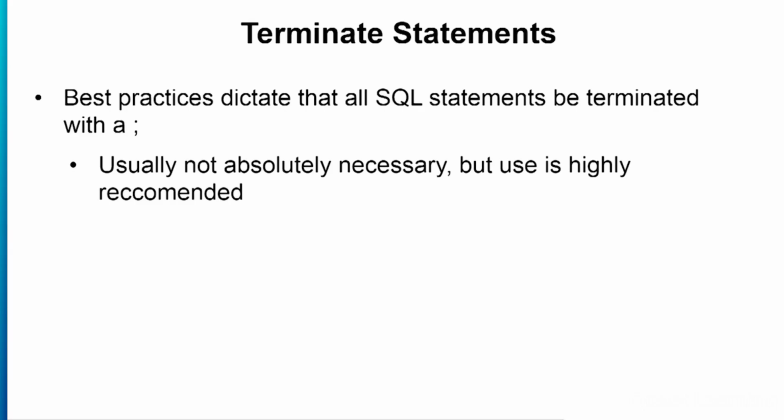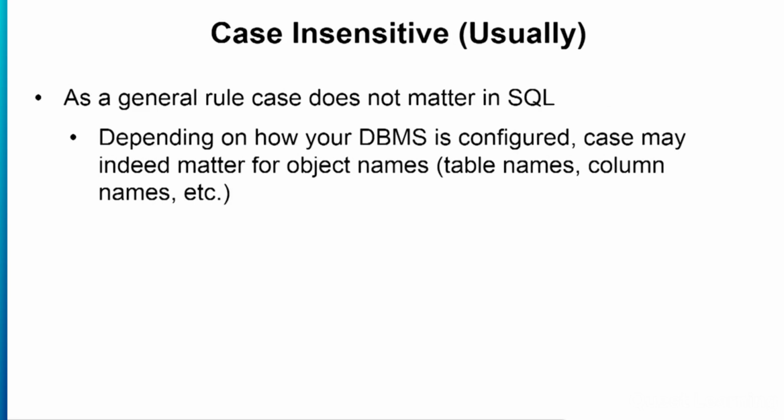And so if you're going to copy code back and forth between different SQL scripts, it can be really easy to end up without a semicolon because you copied it from another page that didn't have one, and then your SQL is going to break. Most SQL developers are really strict about this and make sure that every single SQL statement is appropriately terminated with a semicolon. Even when it's not needed, it does no harm, so it's always good to put it there.